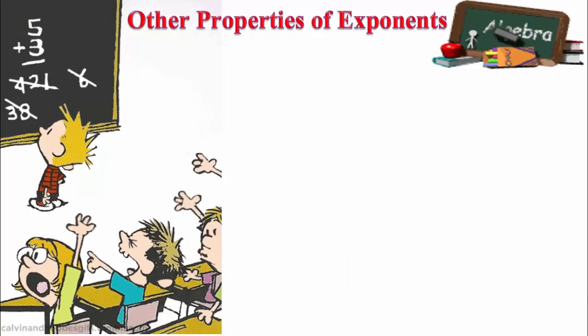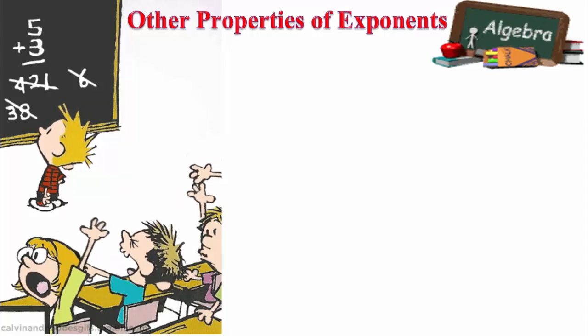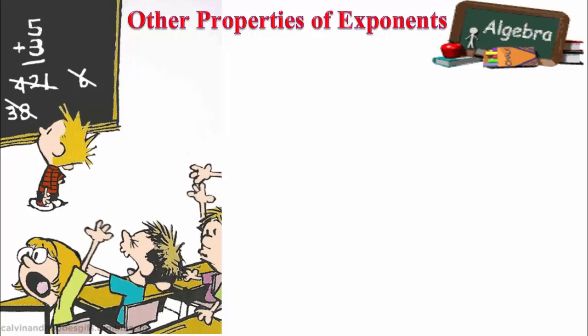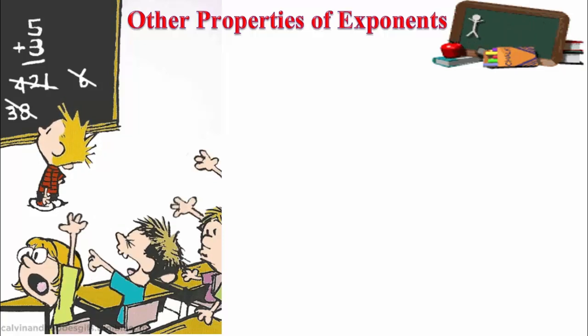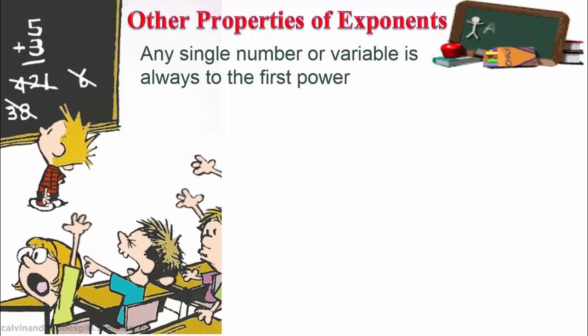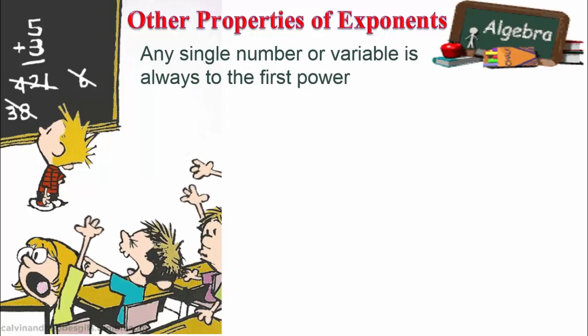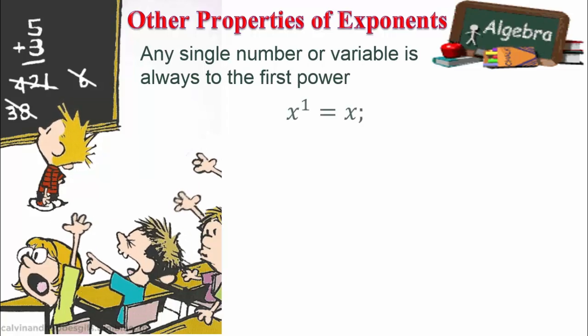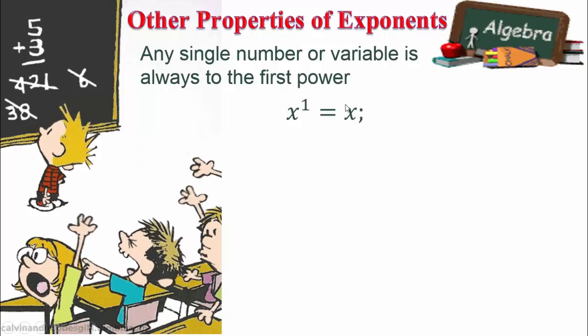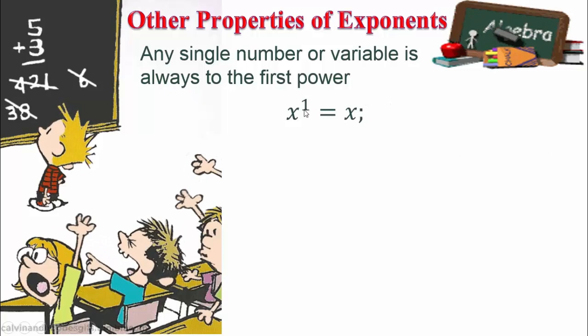So then there are some other properties of exponents, and these are things that you really should know when you're working out problems or examples that are a little bit more complicated, because this stuff comes up. So remember, any single number or variable is always to the first power, meaning that if we have just x all by itself, that assumes it's to the first power.